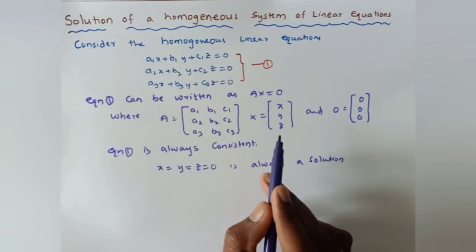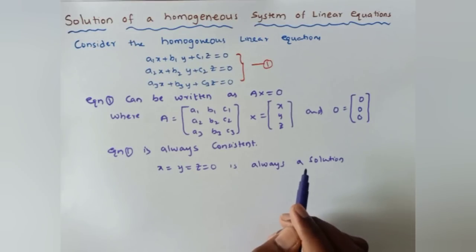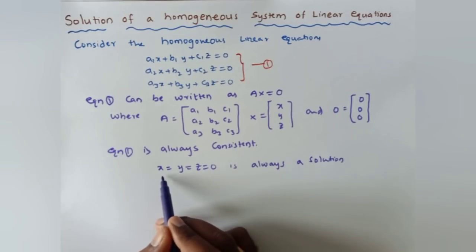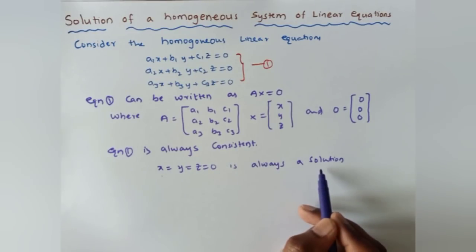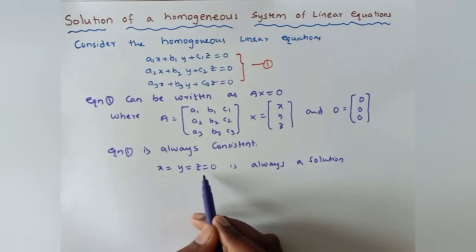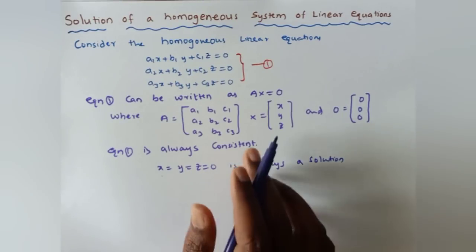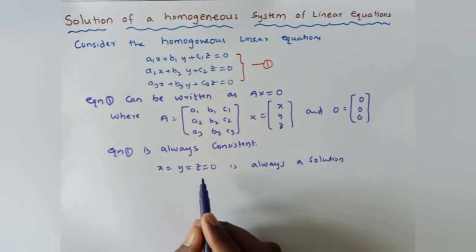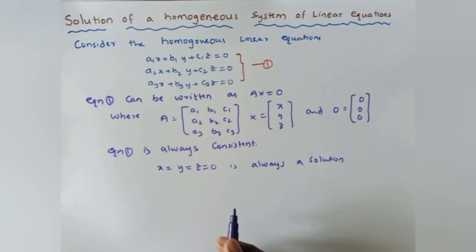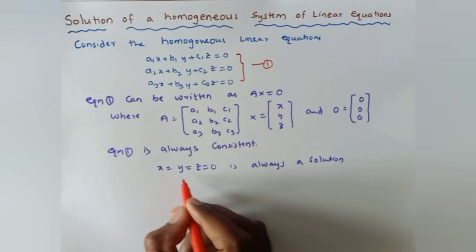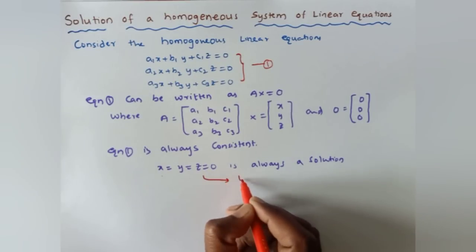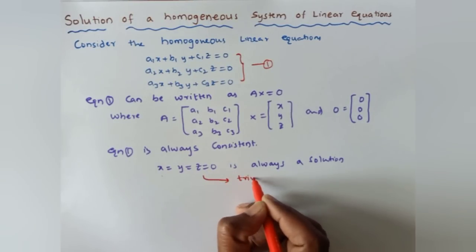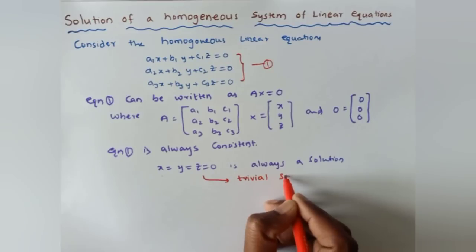One is a unique solution and the other is infinitely many solutions. Here the system always has the solution x equal to y equal to z equal to 0, and it is known as the trivial solution.